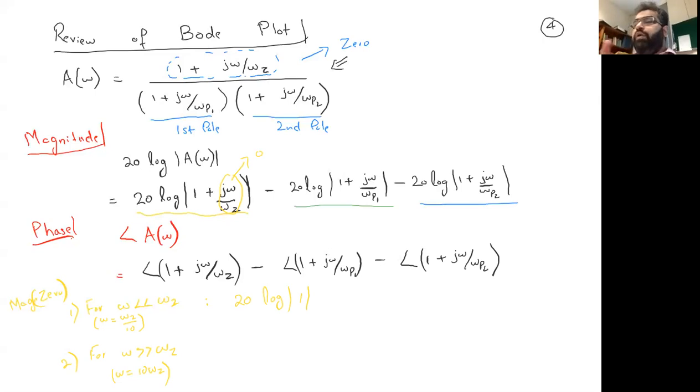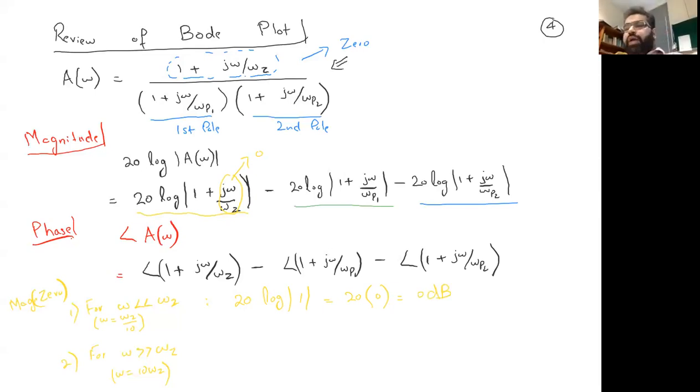We are talking only about the magnitude, so we are not concerned about the j at this moment. 20 log of 1 means 0, so this will become 0 dB.